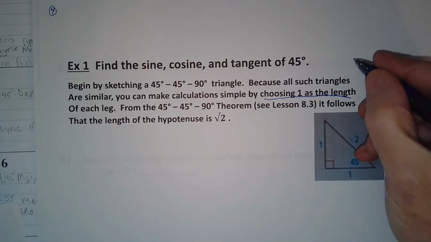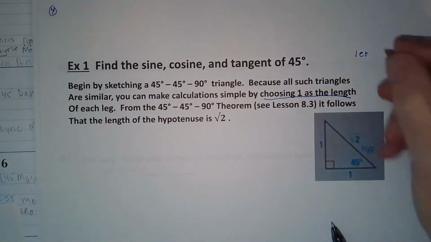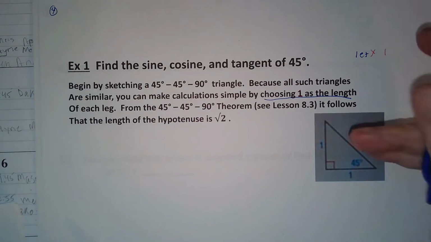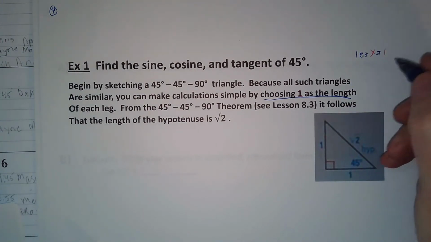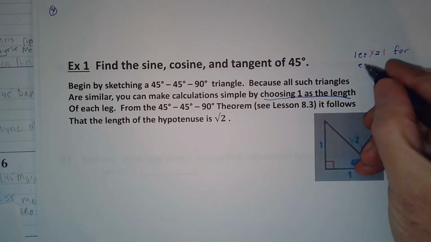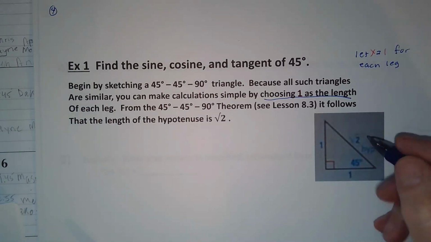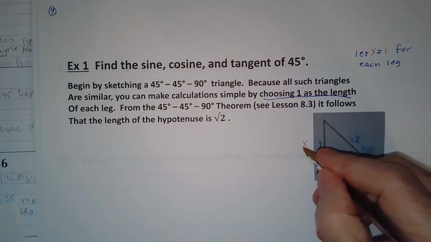We're going to let x equal 1 for each leg. Then the hypotenuse, first of all, let's just say x equals 1 here.